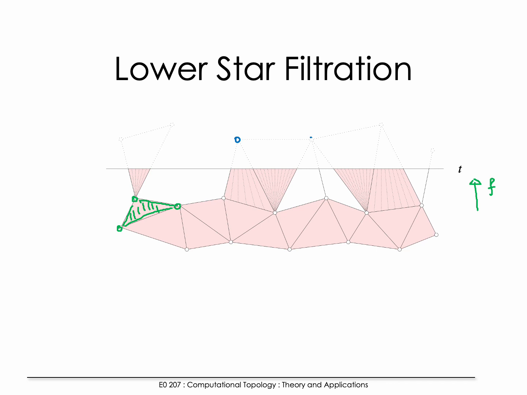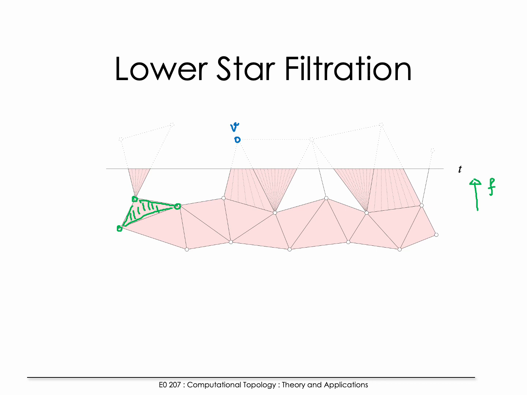Now this vertex is inserted first, so let's give it a name. Let's say V is inserted. But as soon as V is inserted, we would like some edges and triangles that are incident on V to also be inserted.